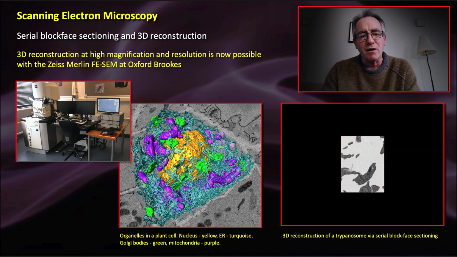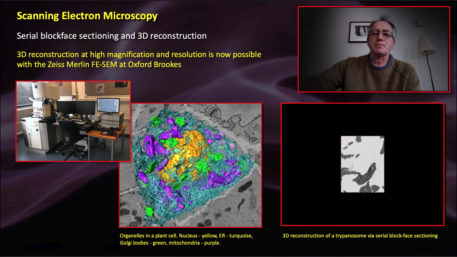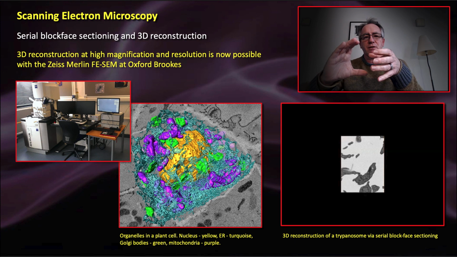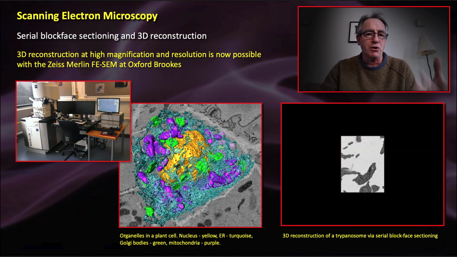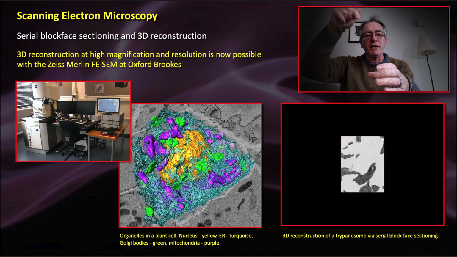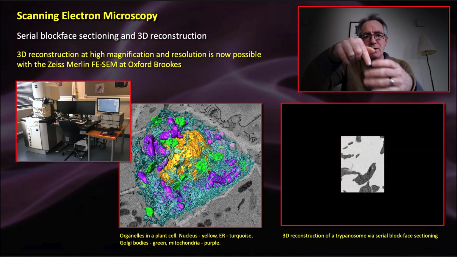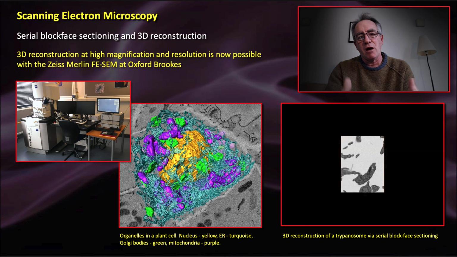But if you have a big, very capable scanning electron microscope, and you embed some cells in resin, and then you section the top off the resin, and you stain the surface of the block so that your membranes are stained with lead and uranium and things like that, and then you make an image using an SEM, it will show you an image of, for example, the nucleus, the endoplasmic reticulum, what have you, and the image looks very much like the image that we would get from a transmission electron microscope. This takes a very capable SEM, a big one.